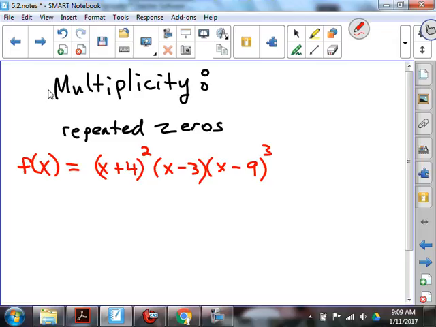Now, I would be very impressed if somebody could tell me all the roots, all the x-intercepts, all the zeros of that function f of x. First of all, how many roots, how many x-intercepts, how many zeros should that function have? 3? It shouldn't have 3.